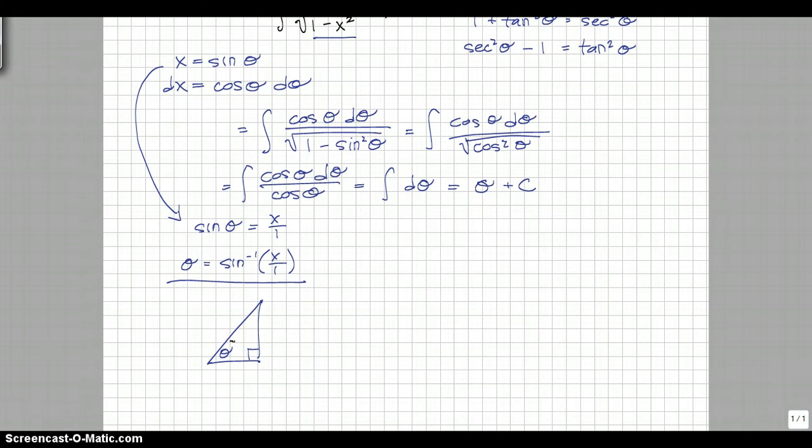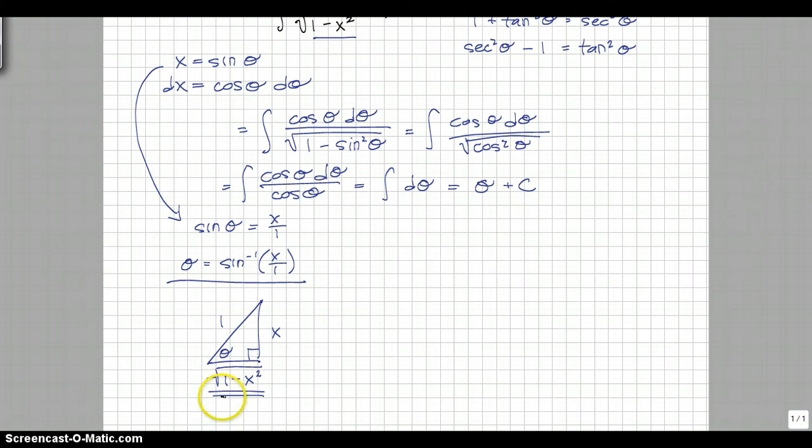Based off where we put that angle theta, we know that inverse sine is looking at a ratio of opposite over hypotenuse. So the opposite side from theta is x, and the hypotenuse to our right triangle is 1. The Pythagorean theorem allows us to fill in this last side as the square root of the hypotenuse squared minus the side we know, x squared.